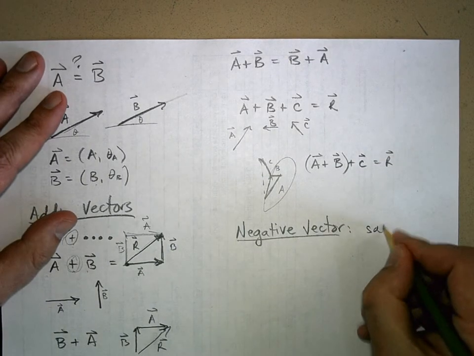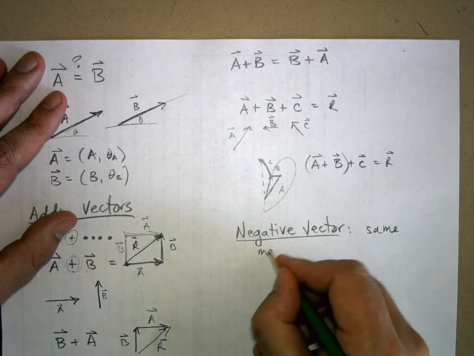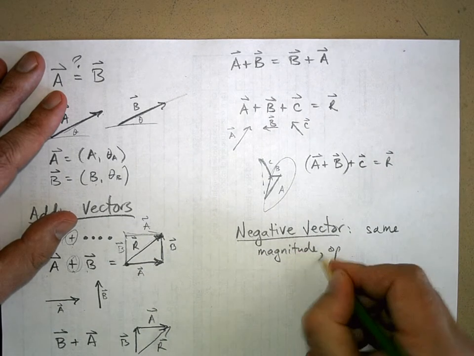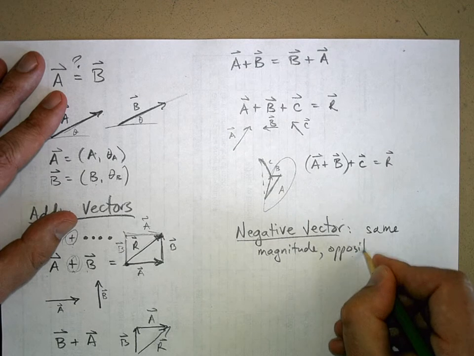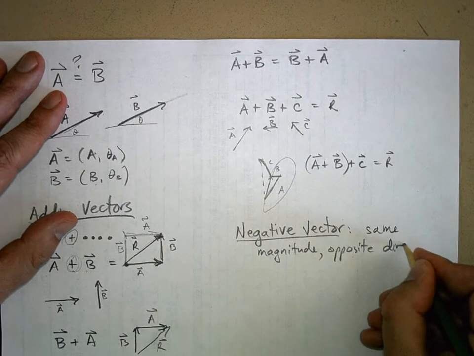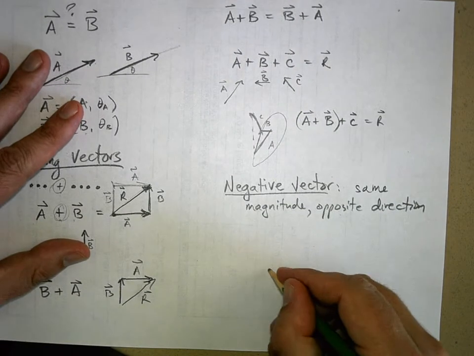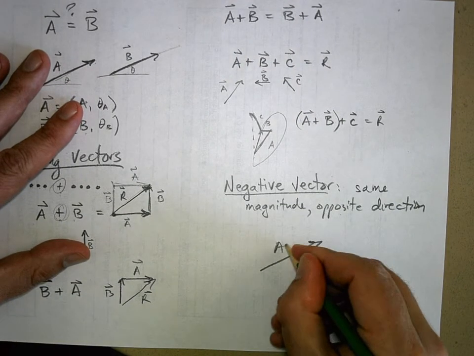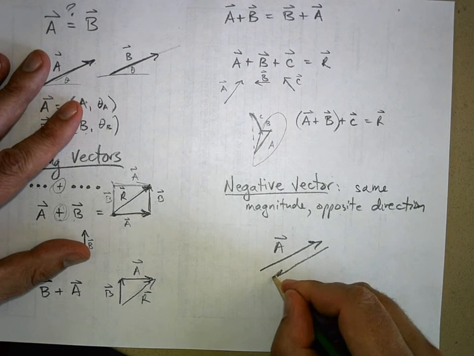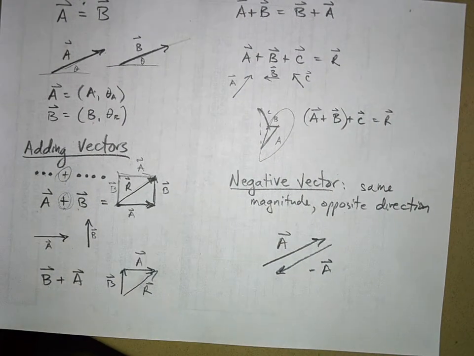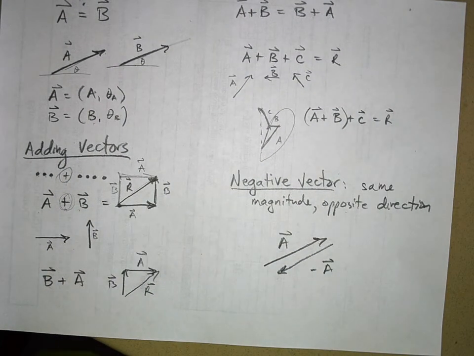Same magnitude, opposite direction. That's a negative vector. So if this is A, then this is negative A. Just make the vector in the opposite direction. Now, why do we need to define that? Well, because we're going to have vector subtraction.